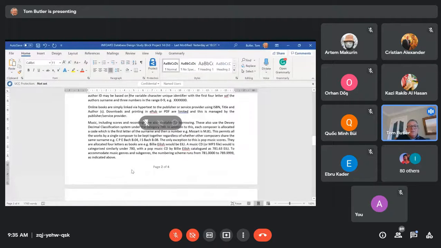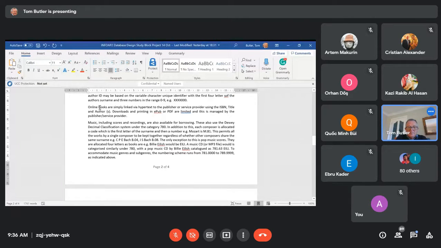So online books in the catalog are books that are online. And I just want to explain this, they are linked via hypertext to the publisher or service provider using the ISBN, title, and authors. So does the library manage the borrowing of these online books?